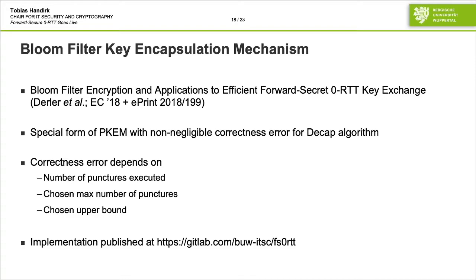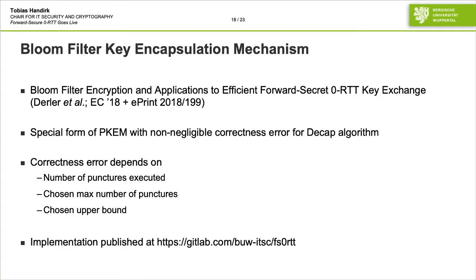This fail probability starts out at 0 for a freshly generated key and then increases exponentially with each call to the punk algorithm. How fast the probability grows additionally depends on two parameters chosen during key generation. So when generating a key pair, we can choose an upper bound for the failure probability and then set up the BF-cam such that the chosen bound is guaranteed to hold for some chosen number of punctures.